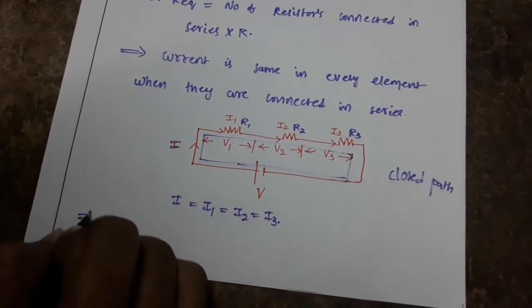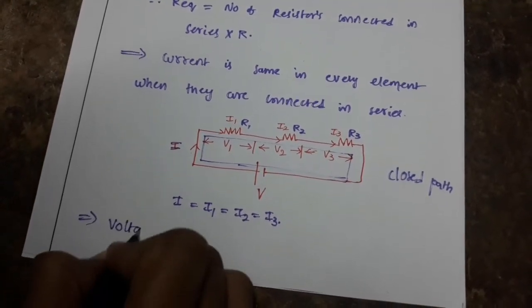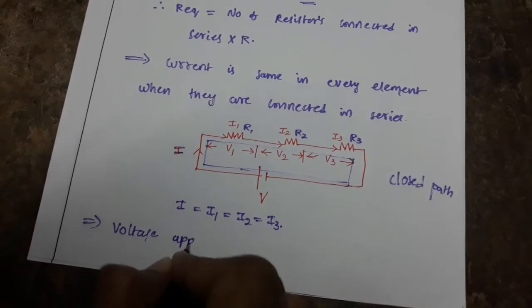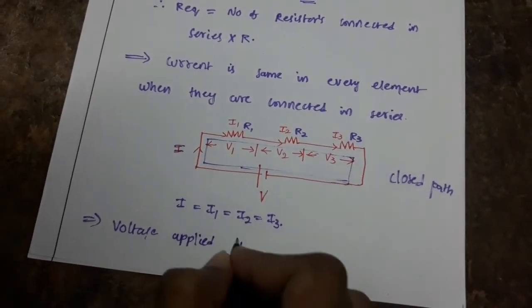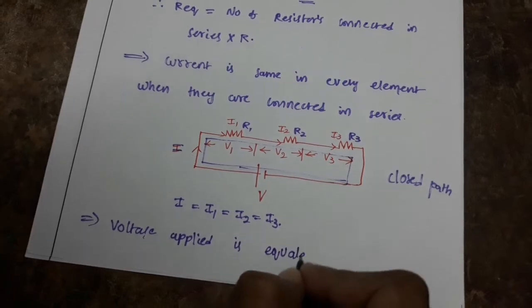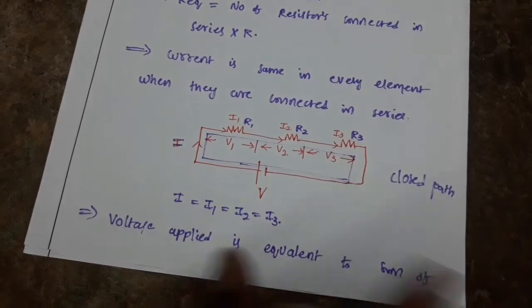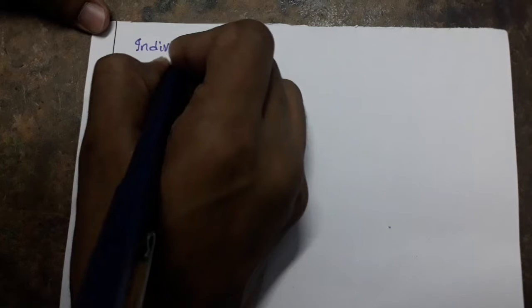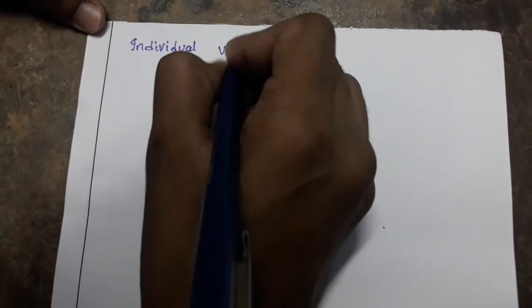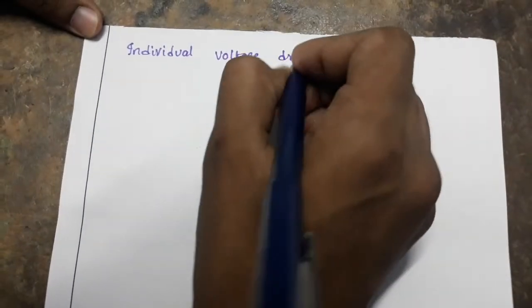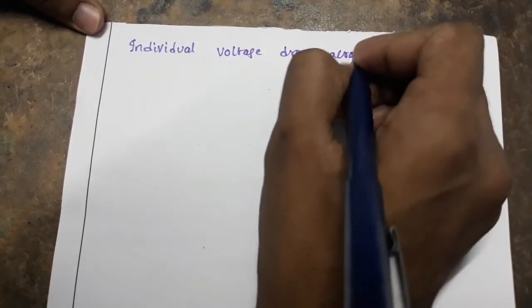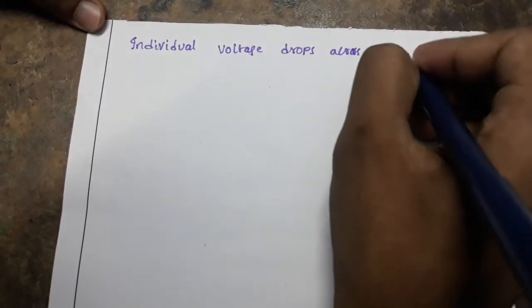And coming to the voltage, the applied voltage is equivalent to the sum of individual voltage drops across the elements.